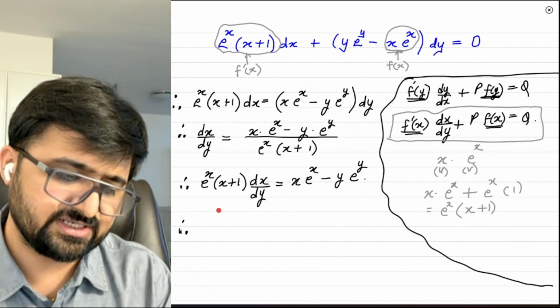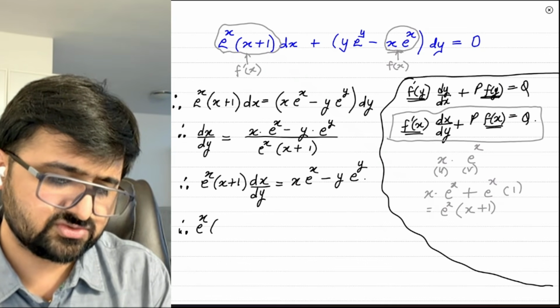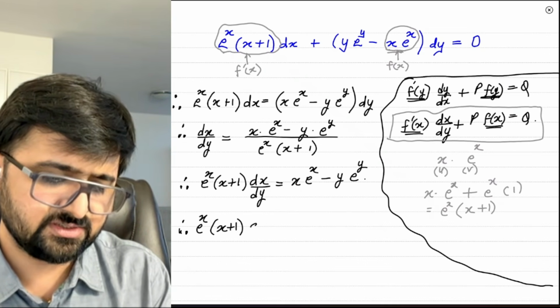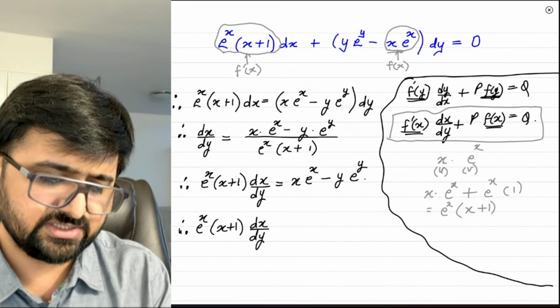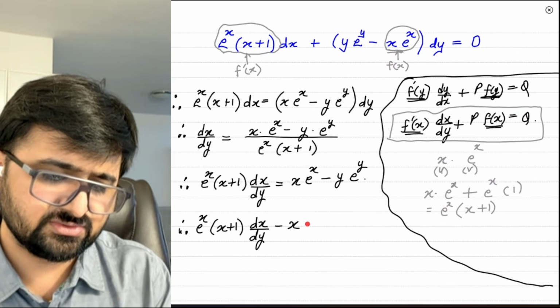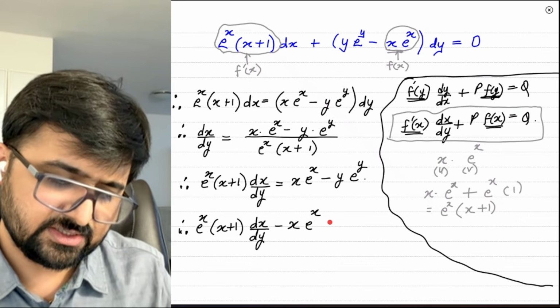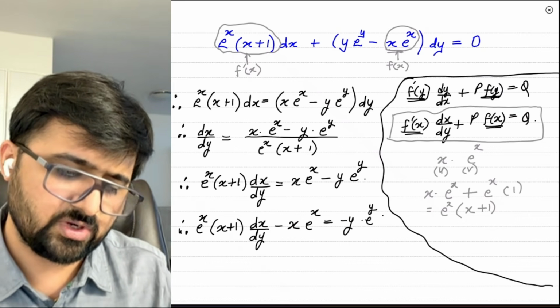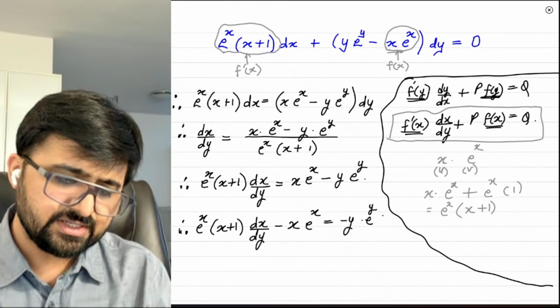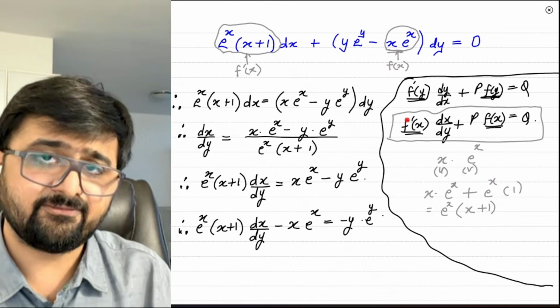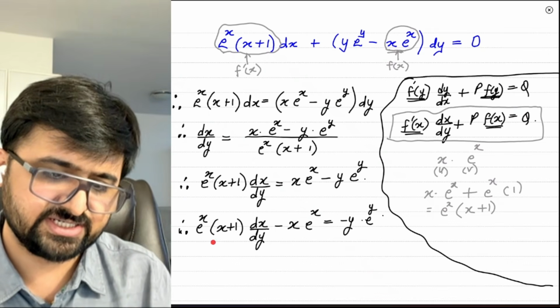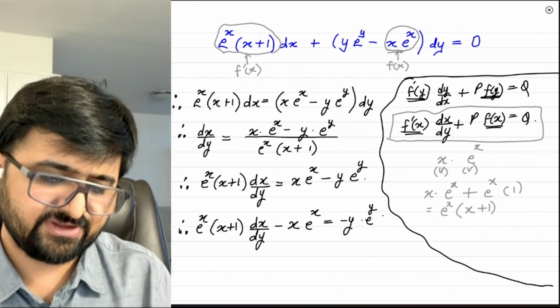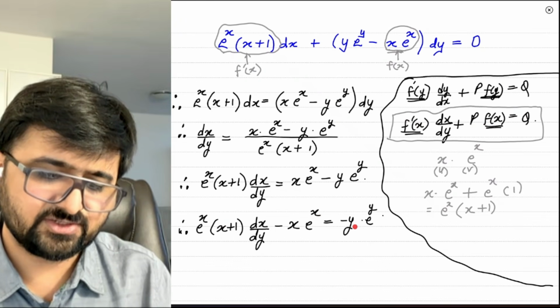So I need this on the left side. So I have e raised to x into x plus 1 into dx by dy minus x into e raised to x is equal to minus y into e raised to y. Now this is of the type f dash x plus p into f x is equal to q.